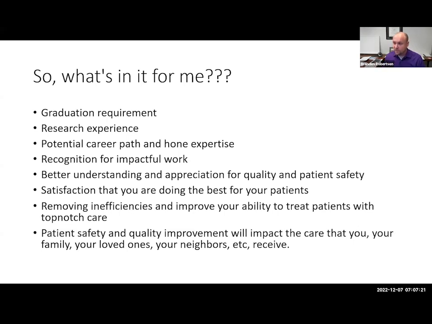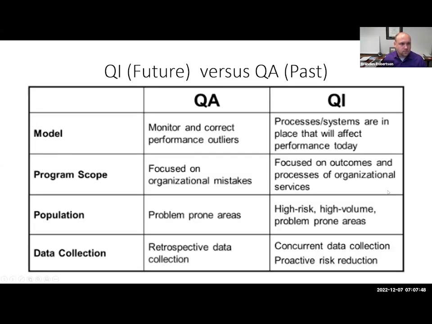Our ability to provide high quality care, and your piece in that, is important to you, your patients, your family, and your neighbors, at least while you're here. So we ask you to be mindful of these things as we go throughout the presentation, and think, is this the type of care that I want delivered to me and my loved one? And if not, what do I do to impact that?